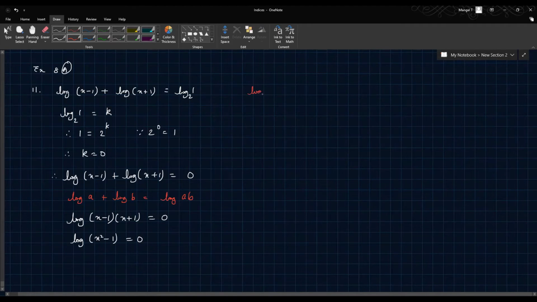That rule said that log of 1 to the base a is 0. That means if log of some number is 0, that number has to be 1. So I can say that x squared minus 1 is equal to 1. Therefore I get x squared is equal to 2. That is, negative 1 goes over there, and that makes it 1 plus 1, that is 2. So x will be equal to plus minus root of 2.